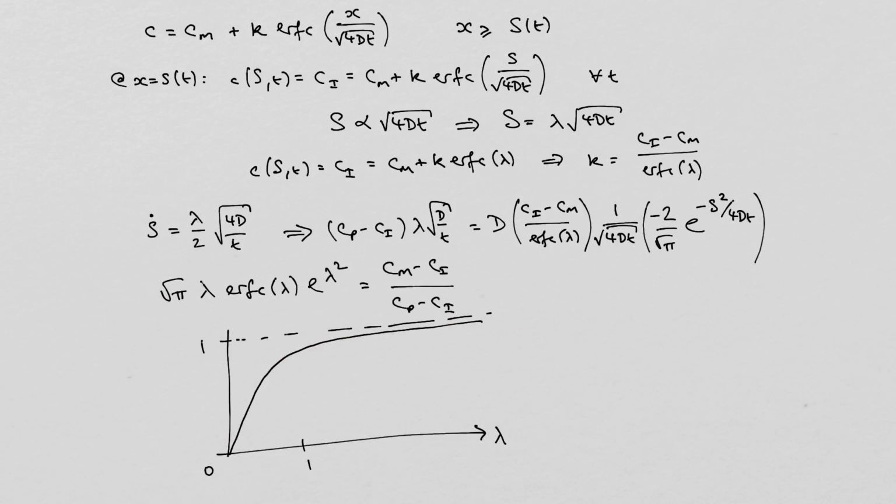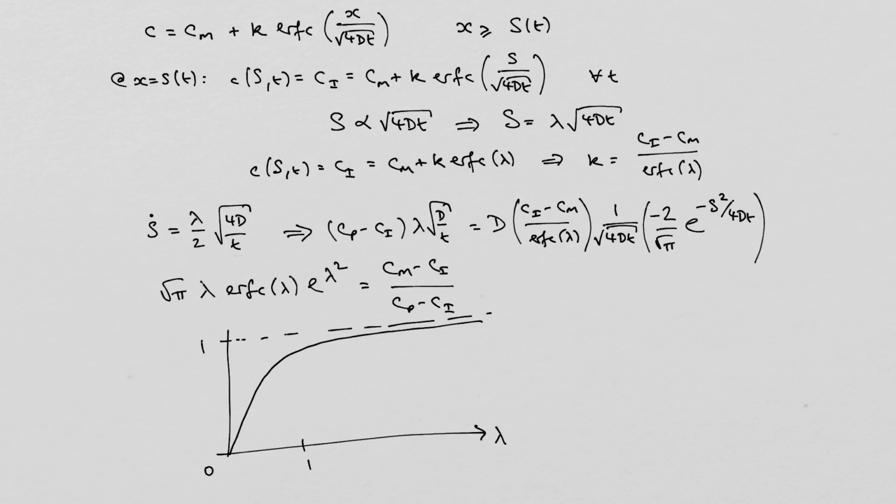It's not obvious that it would look like that. You've got an exponentially increasing function, but it's times a complementary error function, which is actually exponentially decreasing, and you've got a lambda in there as well, so you can plot it out with Mathematica or something.